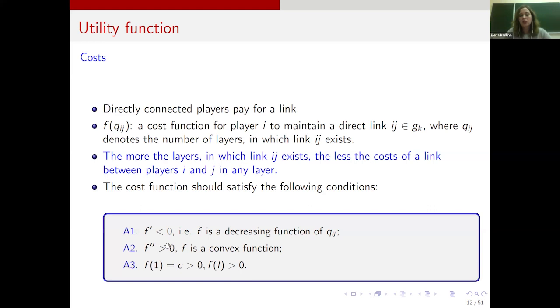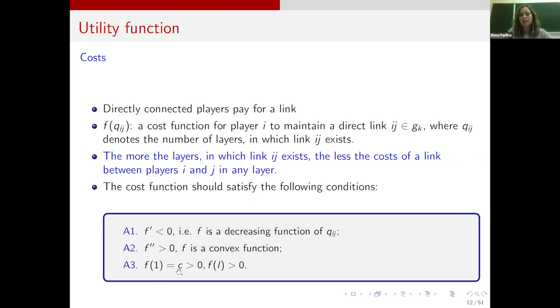So the first condition is that it is a decreasing function of q. So the more connections we have, the less the value of this function. It is a convex function. And the last assumption, which is important: if we have only one link through all the layers, we have fixed costs.